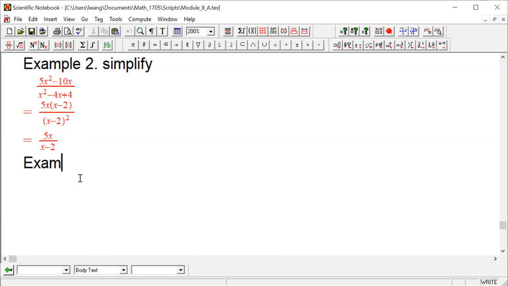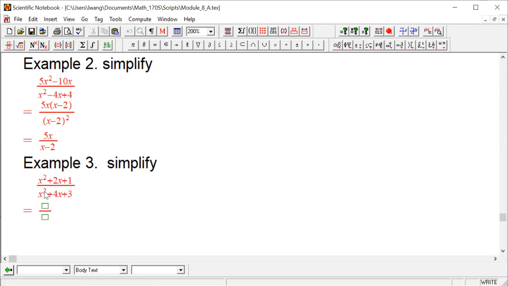Let's look at example number 3. We're still simplifying, and here we encounter a trinomial on top and a trinomial on the bottom. Once again, we factor both the top and the bottom respectively.